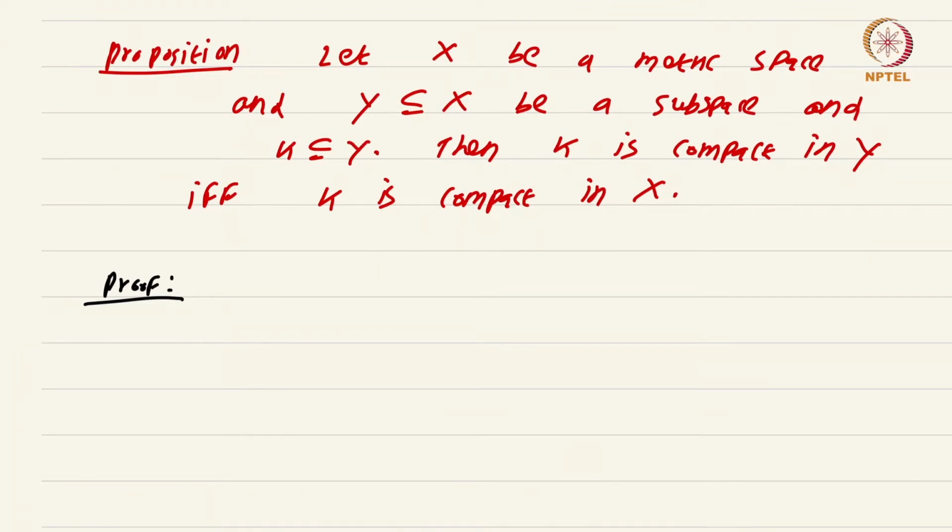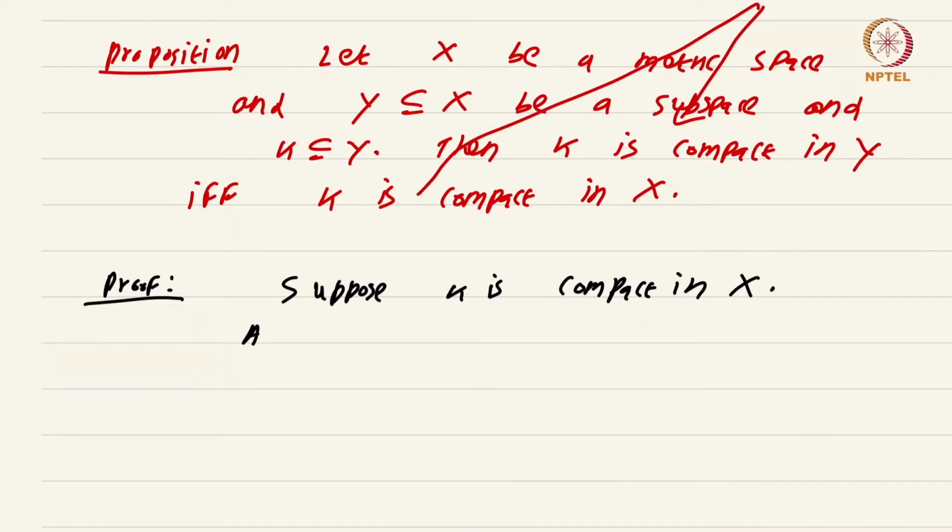Okay, suppose K is compact in X. What does that mean? Okay, to be 100% precise, because this will become important a bit later, I'm just going to add the adjective sequentially, right? We have not yet defined compactness without any adjective.